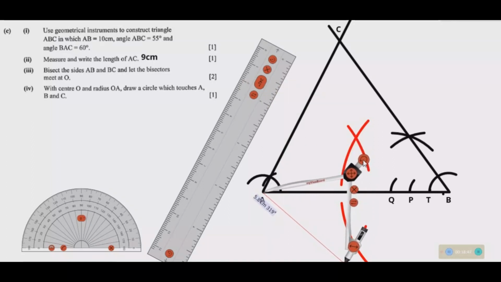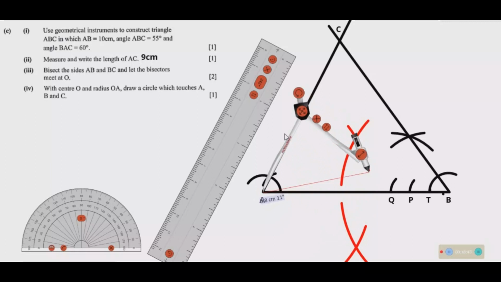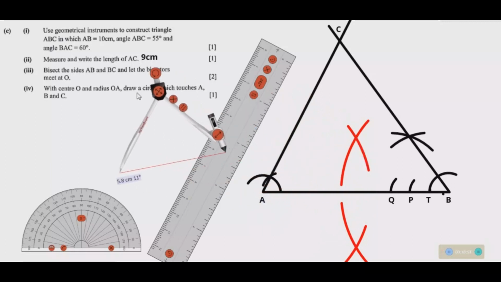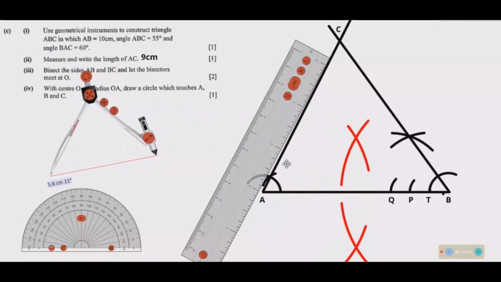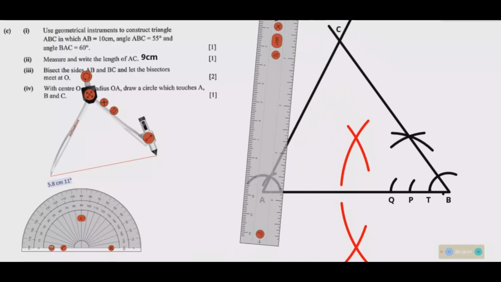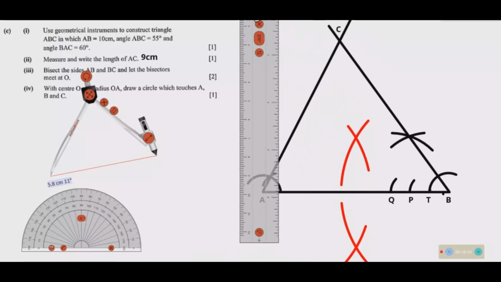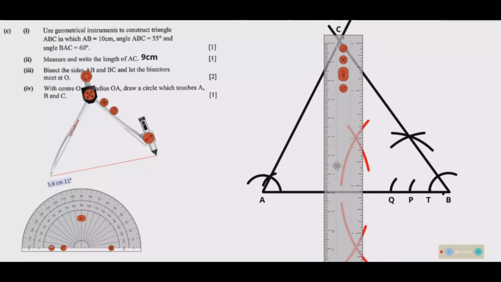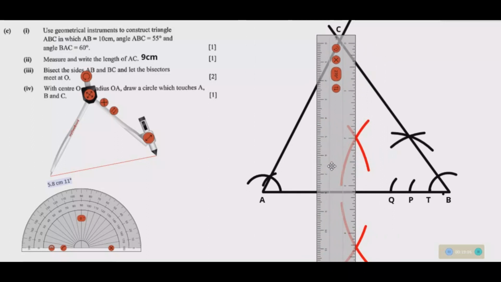Now we have constructed the arcs, so we can join the points. We get the ruler and come up with a straight line like that.